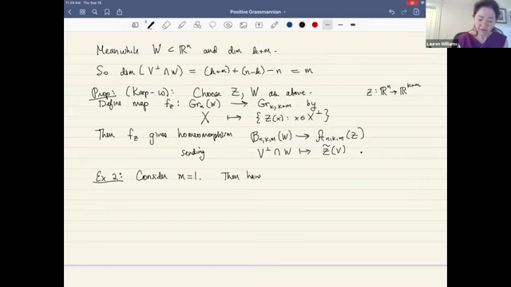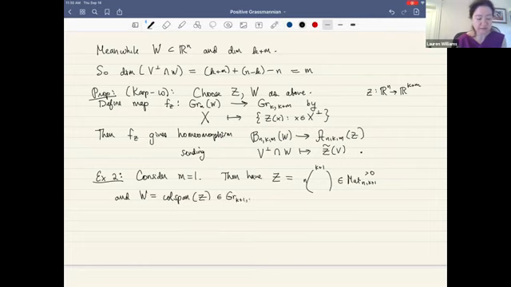So then we have Z being an n by k+1 positive matrix. And W is the column span of Z. And this lies in the positive part of the Grassmannian of k+1 planes in n space.